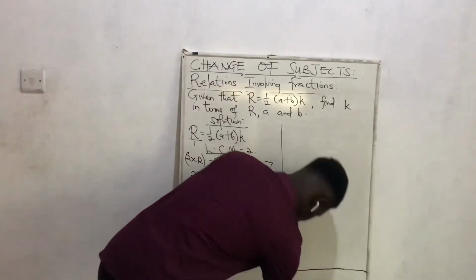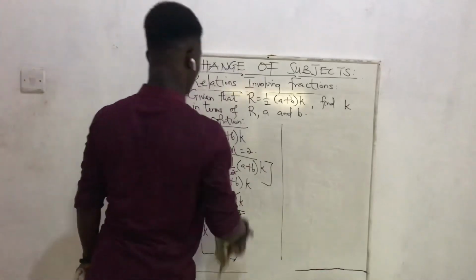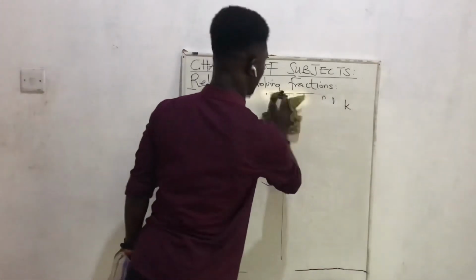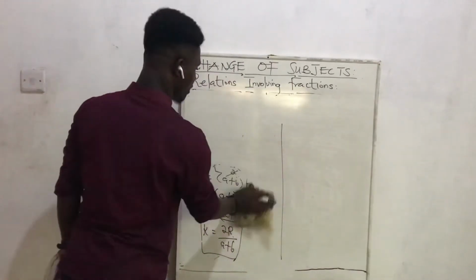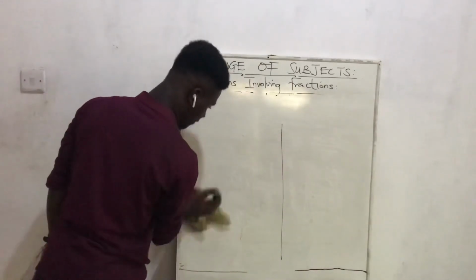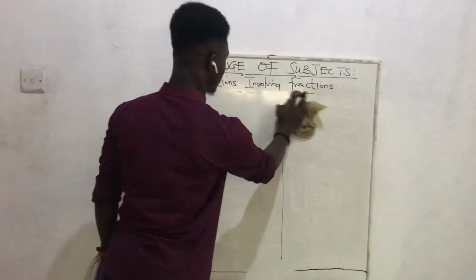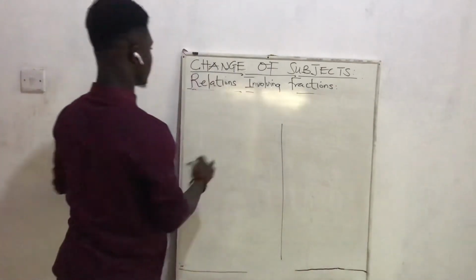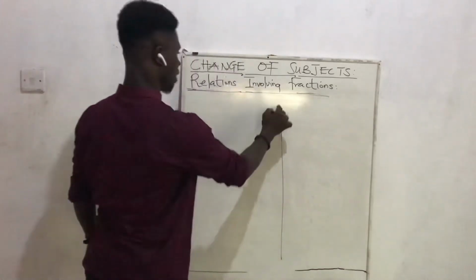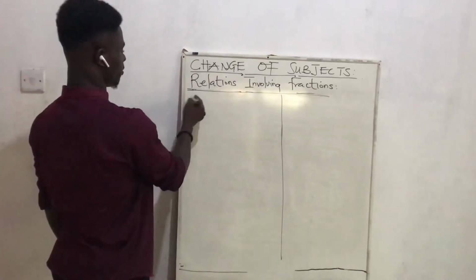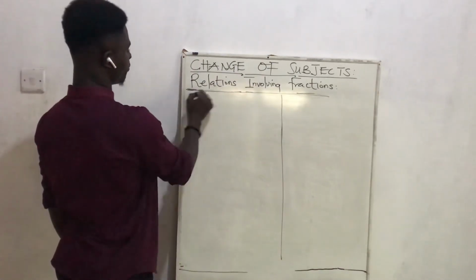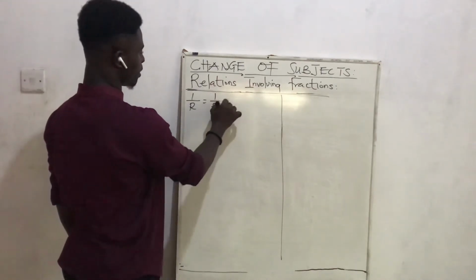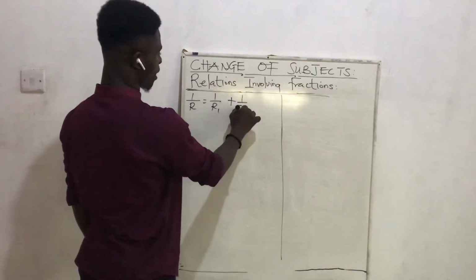Next example. We are dealing with relations involving fractions. So next example. If I have 1 on r equals 1 on r1 plus 1 on r2.